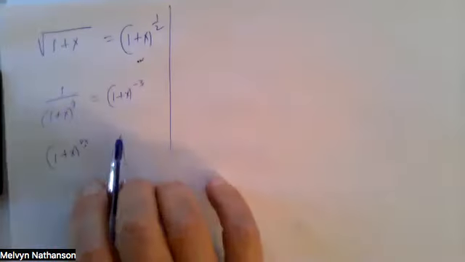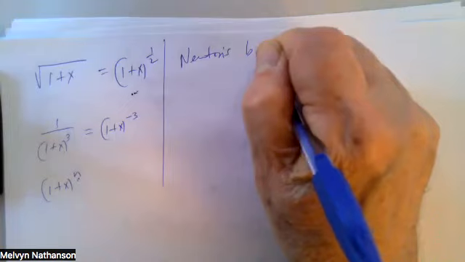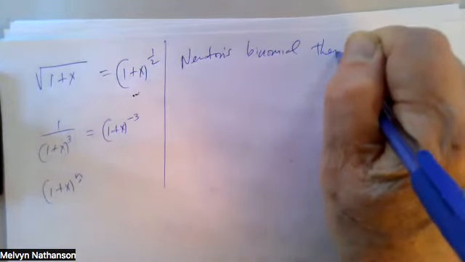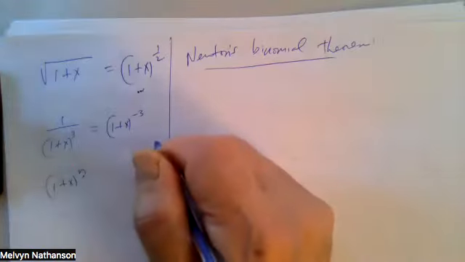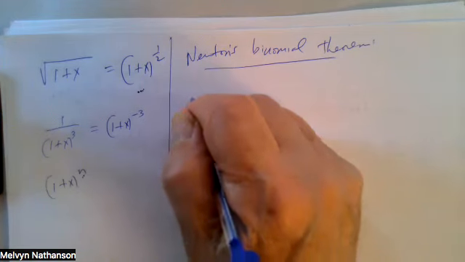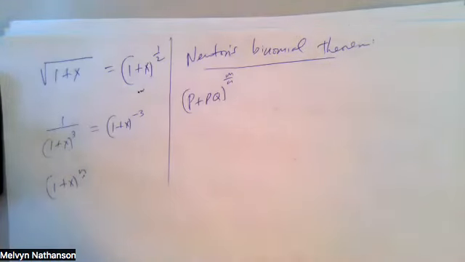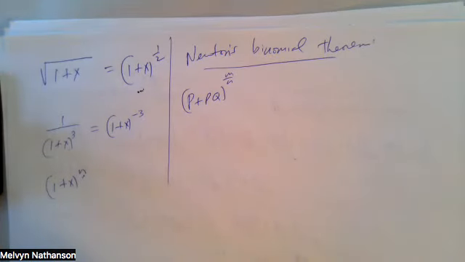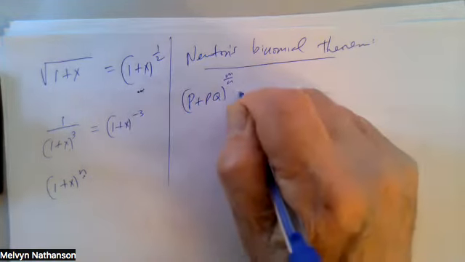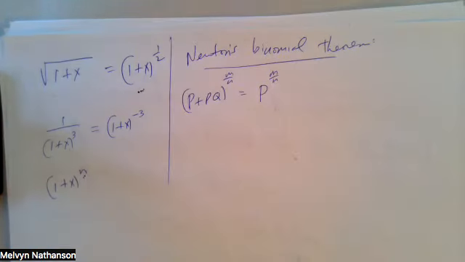So Newton's binomial theorem, the way it's written, you have to sort of redo it in more modern terms, but he wrote something in the form P plus PQ to the m over n. And he wants an expansion of this somehow. So the first term is P to the m over n.